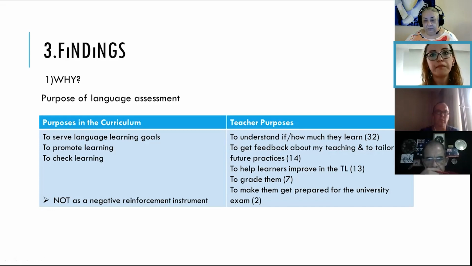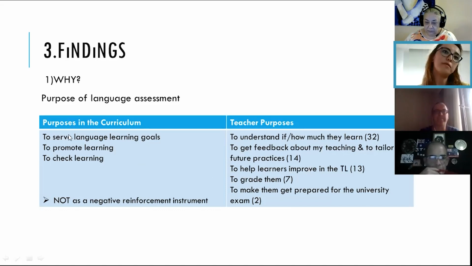To get feedback about my teaching and to tailor my future practices was another purpose of 14 teachers. To help learners improve in the target language was another purpose. To grade them, to make them get prepared for the university exam. So these are all the purposes reported by the teachers to assess their learners.